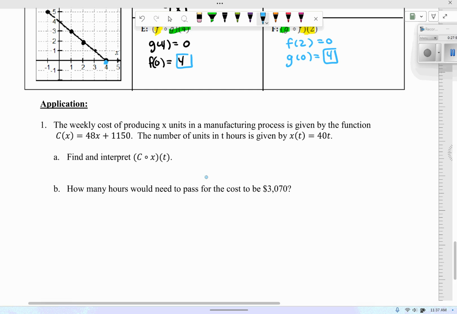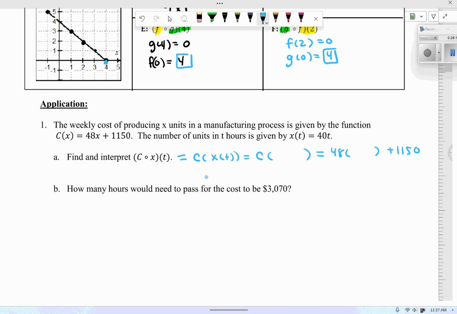So we're plugging in X of T into the cost function. So we have, this would be equal to C parenthesis X parenthesis T if it helps you to write the other notation. So we have C of something equals 48 something plus 1150. And that something is our X of T function, which is 40T.